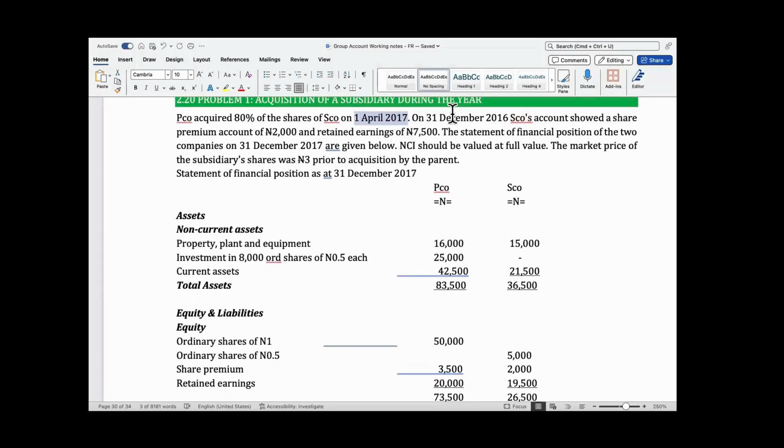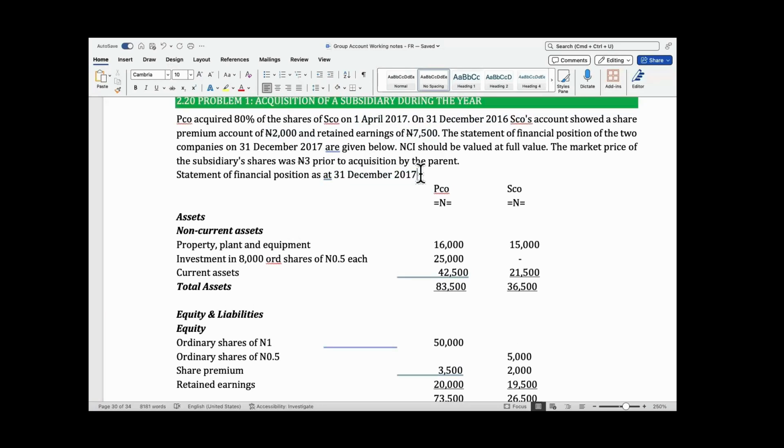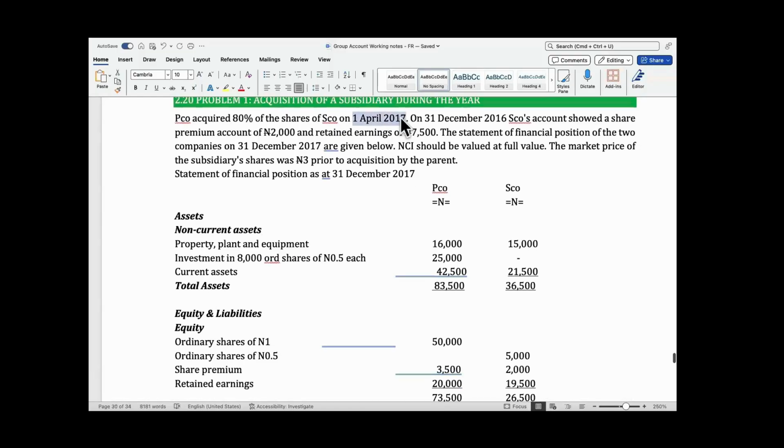Now they gave me the reserves as at December 2016, and I'm supposed to consolidate at the end. So what's happening here is that I actually acquired the subsidiary during the year.